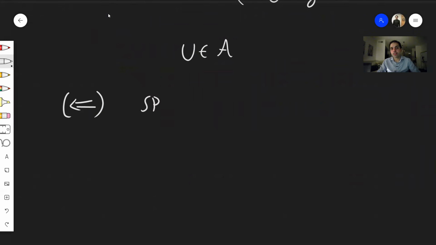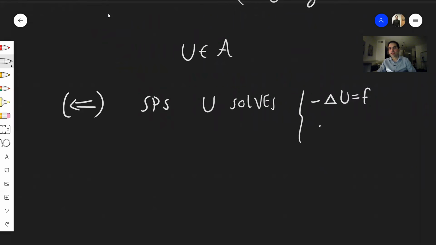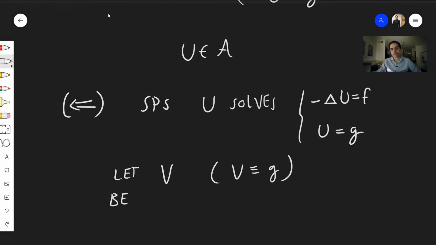So suppose now that u solves minus Laplacian of u equals f, and u equals g on the boundary, and let v in our admissible class, so v is smooth and equal to g on the boundary, be arbitrary.